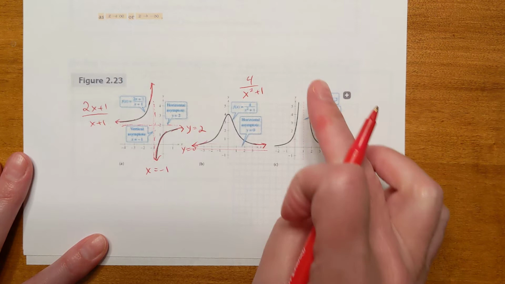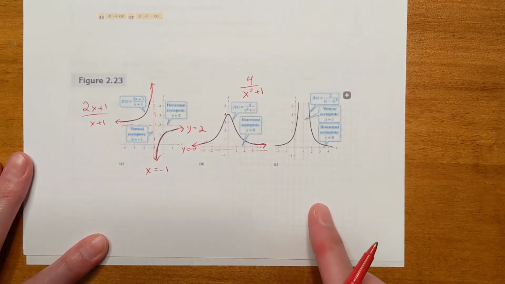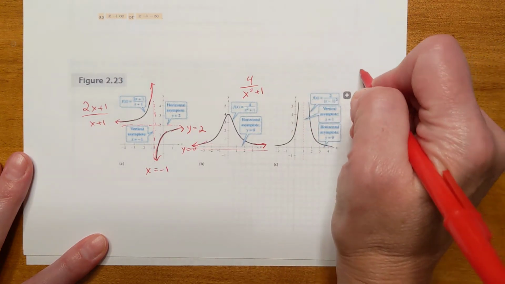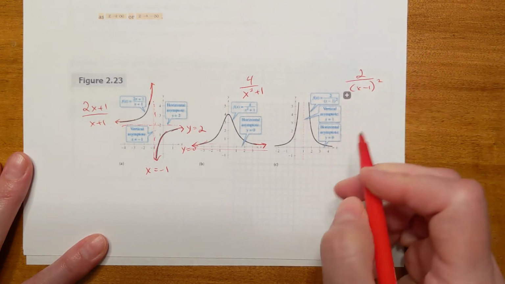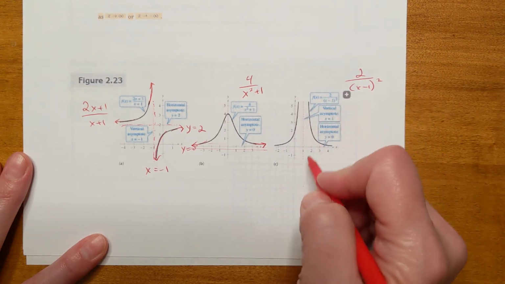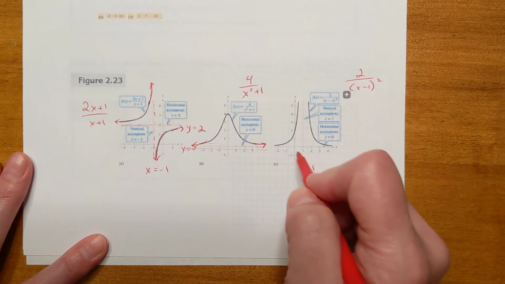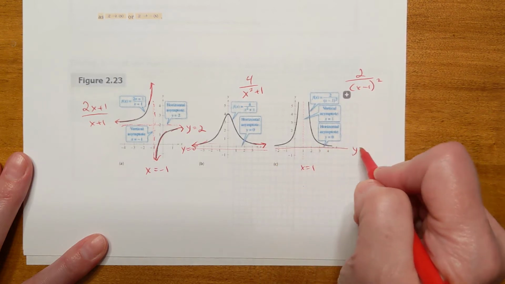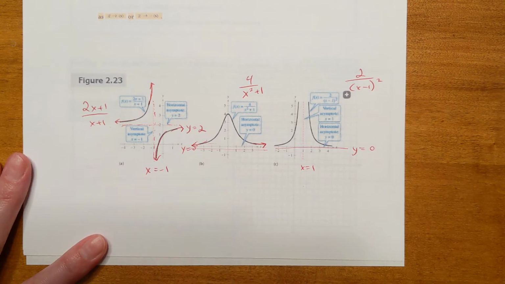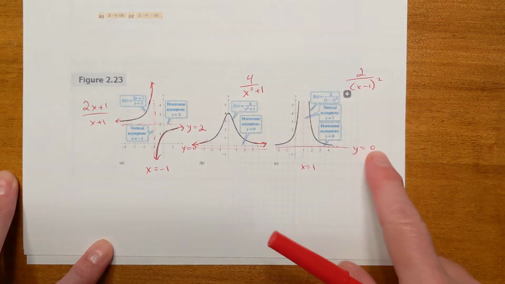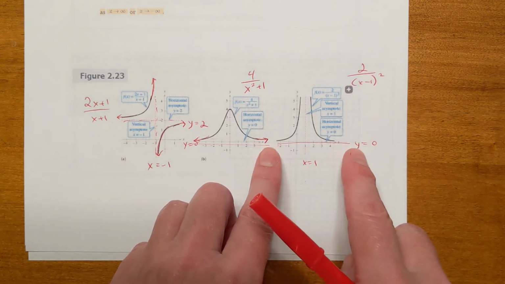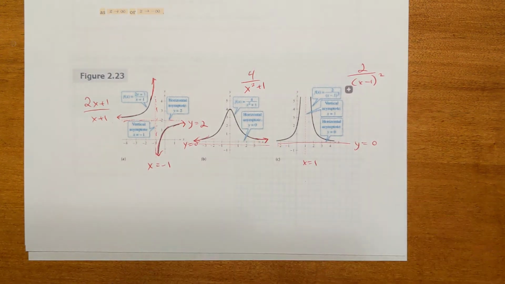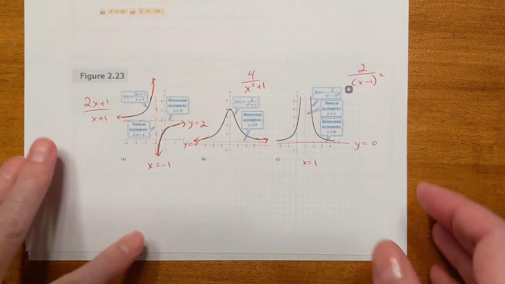And then this one is the equation 2 over (x minus 1) squared. It has a vertical asymptote at x equals 1 and a horizontal asymptote down here at y equals 0. And it's getting closer and closer to it as x goes to infinity from the left and the right, approaching y equals 0.